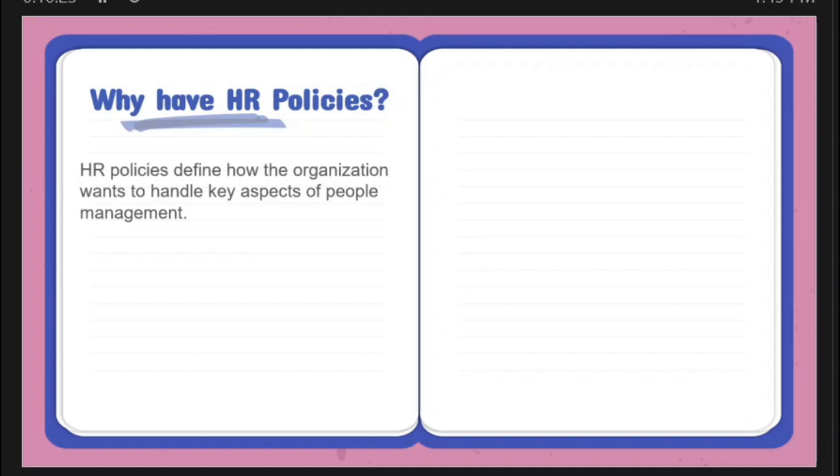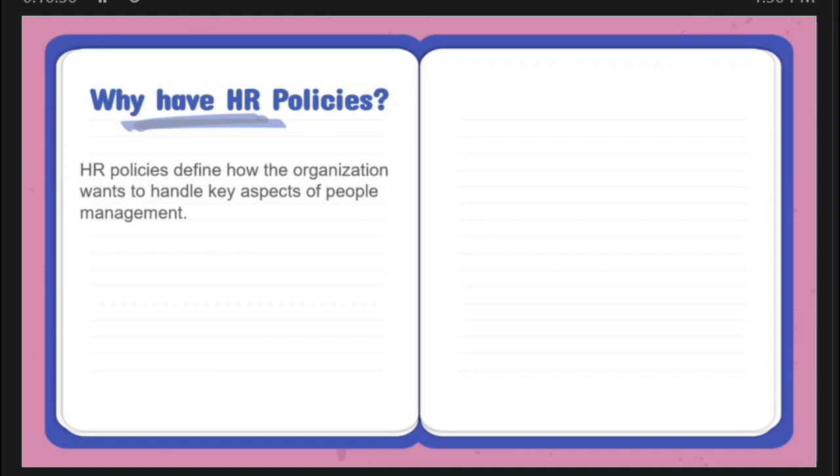HR policies should be distinguished from HR procedures. A policy provides generalized guidance on how HR issues should be dealt with. A procedure spells out precisely what steps should be taken to deal with major employment issues such as grievances, discipline, capability, and redundancy.